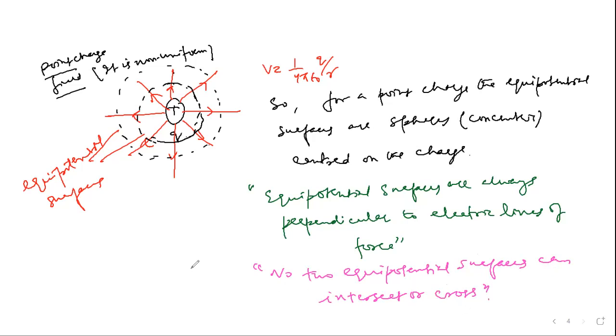Another thing, let me move to next page. Suppose I construct three equipotential surfaces. Let the potential for this surface is VA, the surface A, the surface B, and the surface C, its potential is VC.